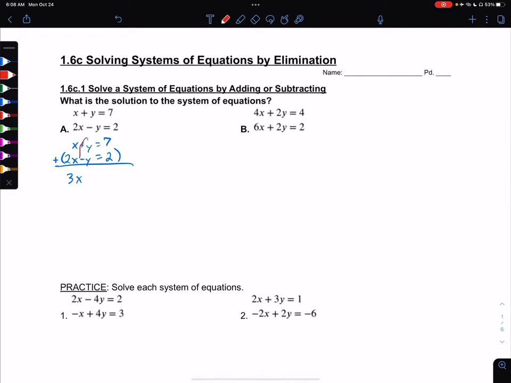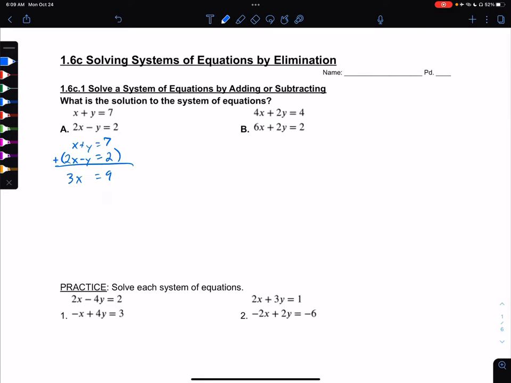And then y plus negative y just gives you 0y. Now, we don't need to write that, so we're going to leave that empty space there. And then we're going to add 7 and 2. And now we have 9. So what we've done is we've eliminated the y value from our equations. And that's why it's called elimination.